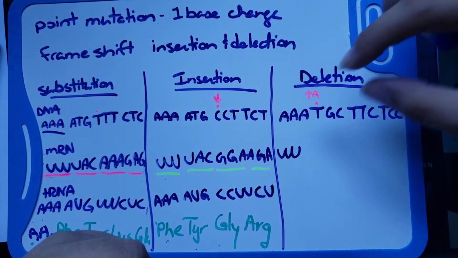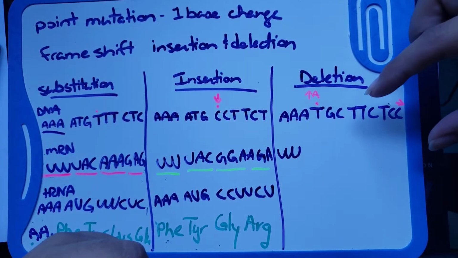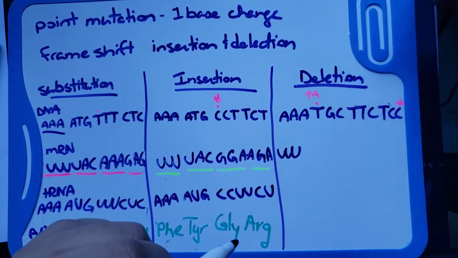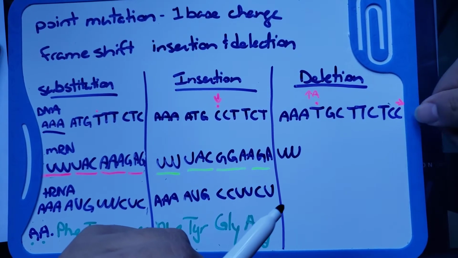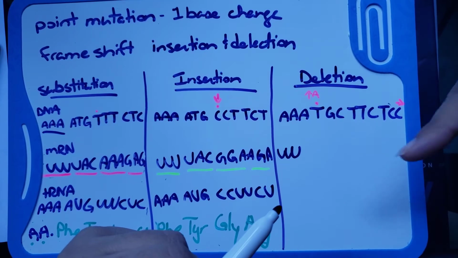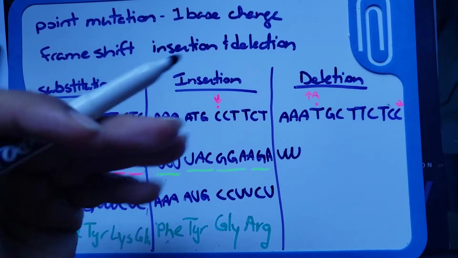Since it was taken out, all the DNA sequences moved inwards. So this C would have been the next nucleotide in the sequence, so it gets pulled in.